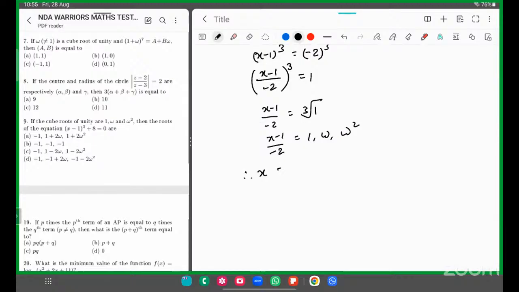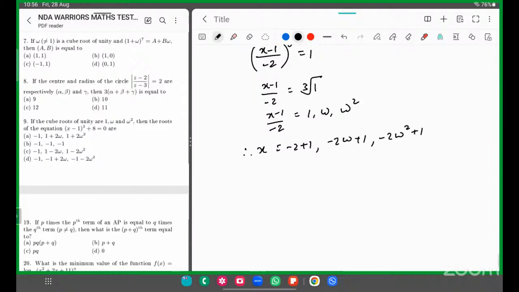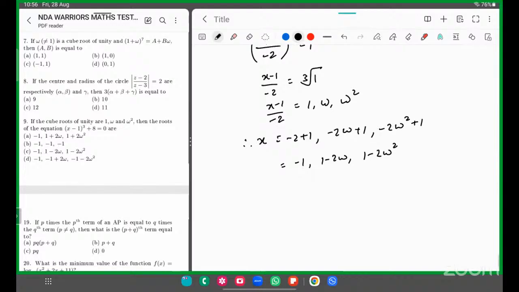Therefore, x is equal to minus 2 plus 1, one value will be this, minus 2 omega plus 1, minus 2 omega square plus 1. So I'm going to get minus 1, then 1 minus 2 omega, then 1 minus 2 omega square. So which option can we take here? Option number C. Option C is the correct answer.